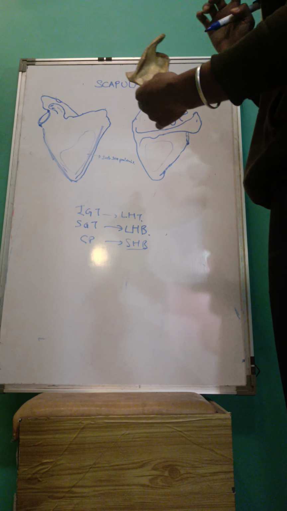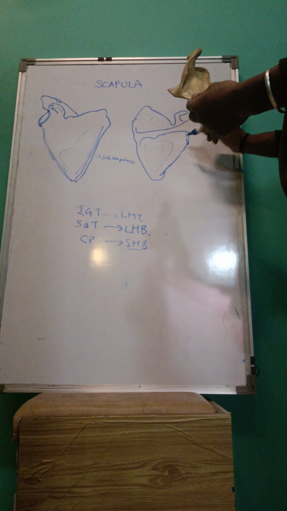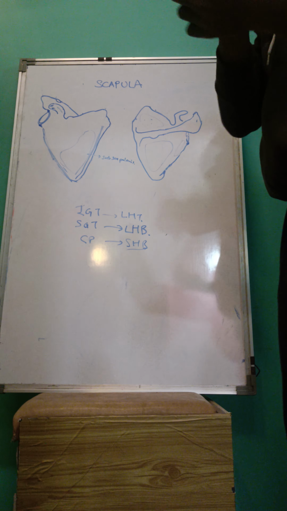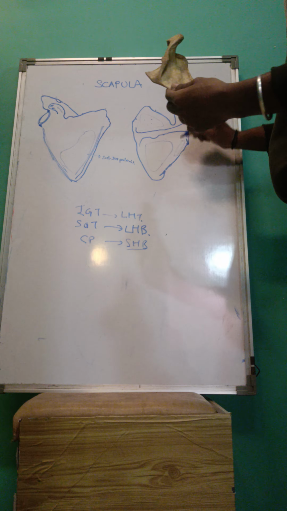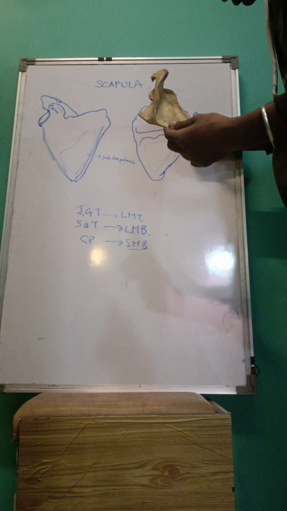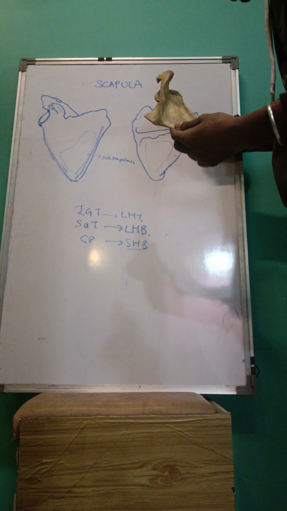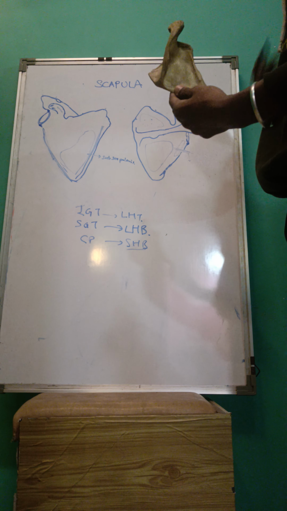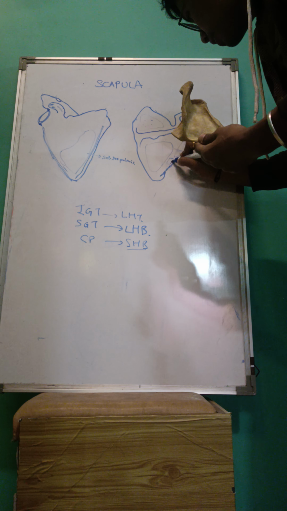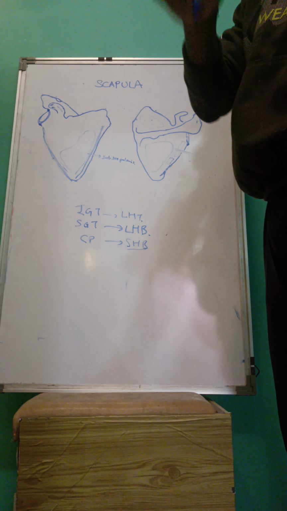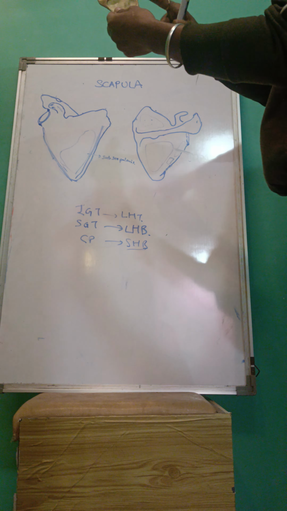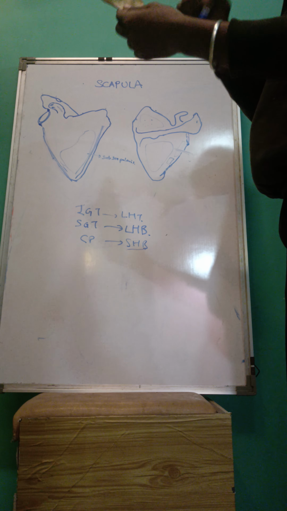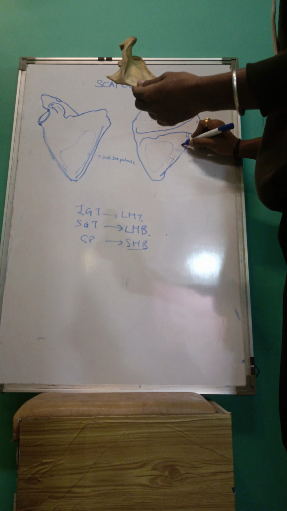Then on the thick lateral border, it contains three muscles. First is the teres major, but it is not simple. The teres major has two slips, which are divided by the circumflex scapular artery. Teres minor is present on the lower one-third of the lateral border, and the upper two-thirds of the lateral border is for teres major.